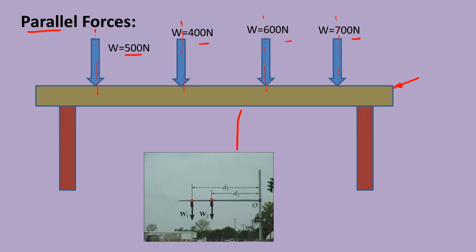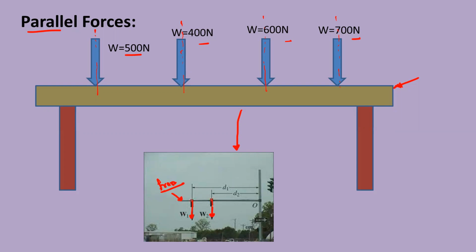So a real-time example: this is a traffic signal. The signal lights are hanging from this frame. The weight of the first light is W1. For the second light, it is W2.